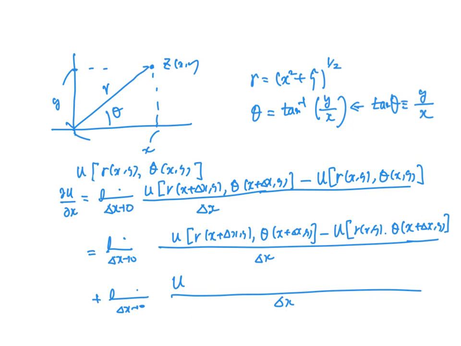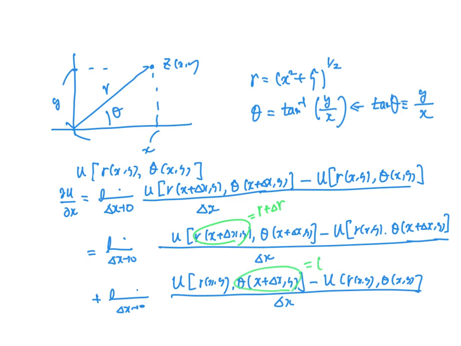So you just add them together here. So this is actually r plus delta r, and this is theta plus delta theta.